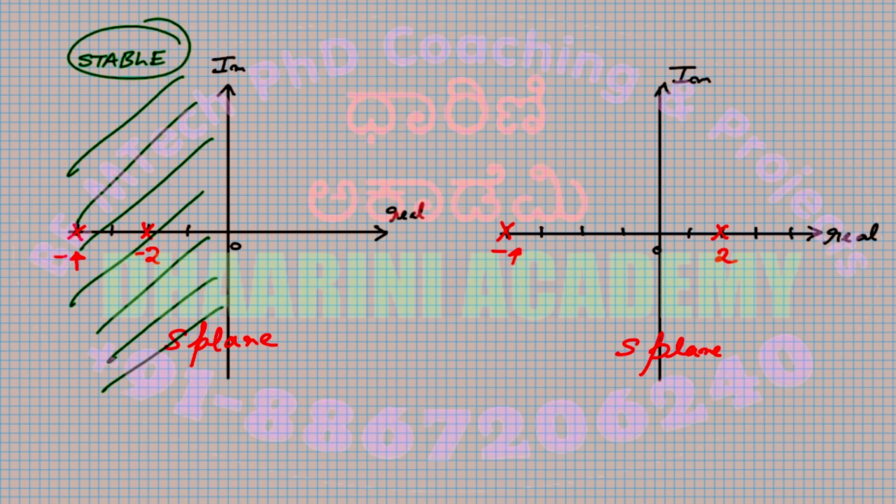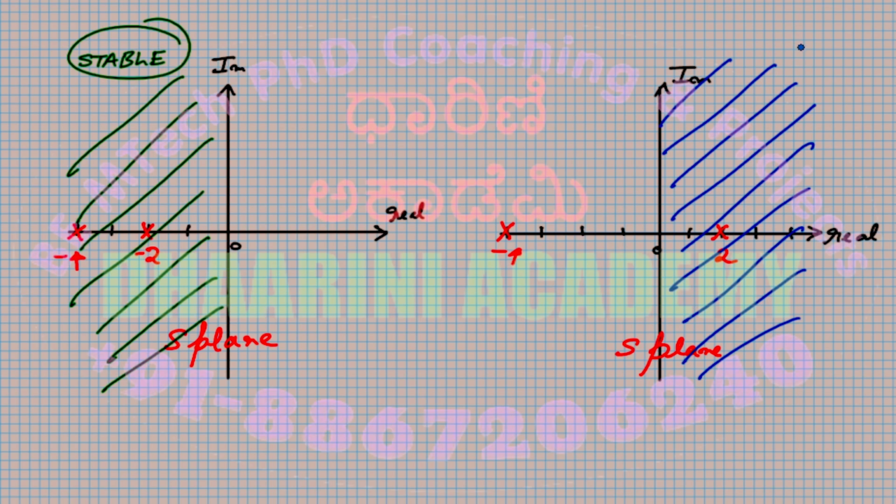But on the other side, anything that comes on the right half of the plane makes the system unstable. Because of this minus 4, no issues. It's not going to be infinity. But because of the presence of a pole on the right side of the S-plane, we understand that the system becomes unstable.